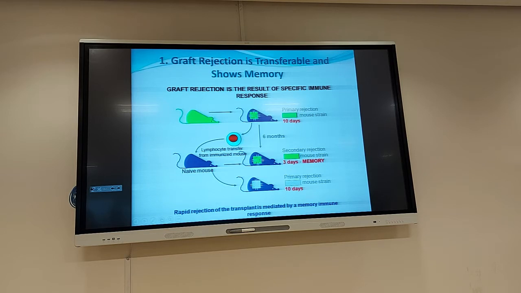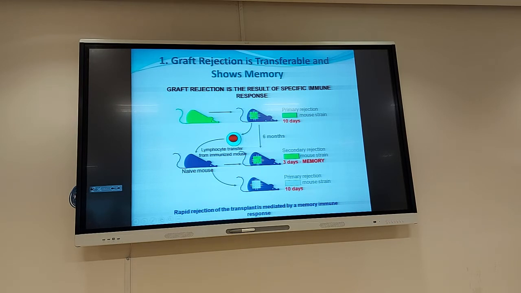This shows that having received that initial green skin and then rejected it, memory cells had been established in this mouse, such that when they got a repeat exposure to the green skin, these memory cells could immediately kick in.